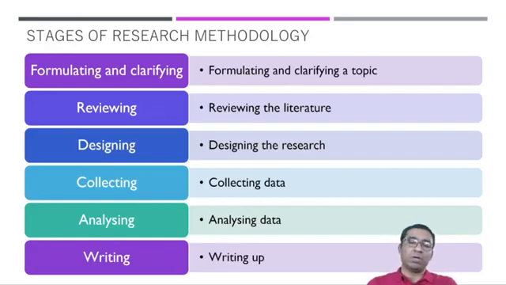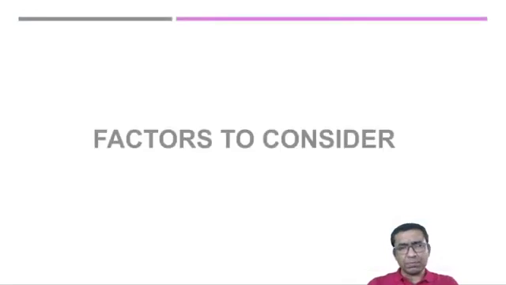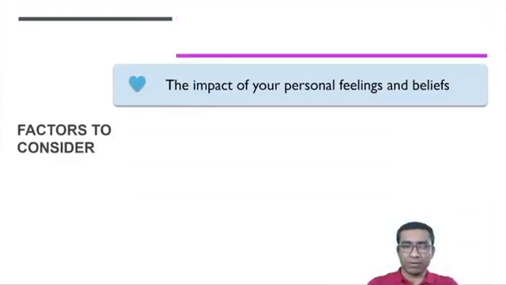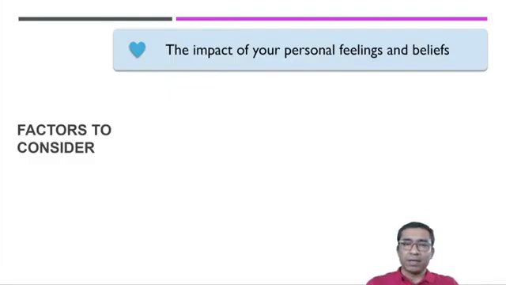These are the 6 steps of the research process, but you need to consider a few important factors carefully while you are doing research. The first thing is that you should not include your personal beliefs or feelings in the research process. This is called researcher bias.